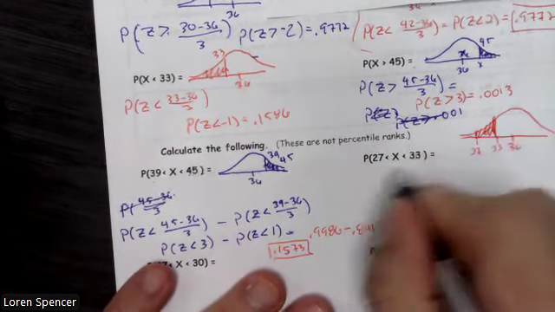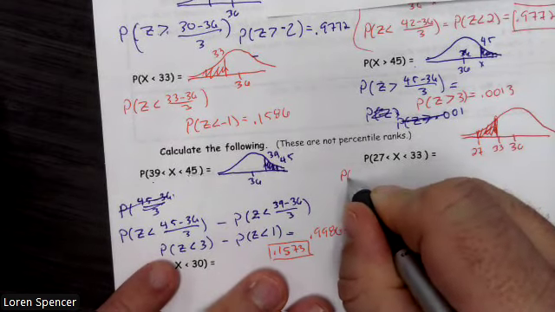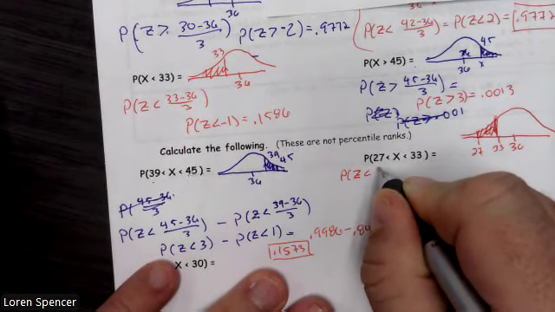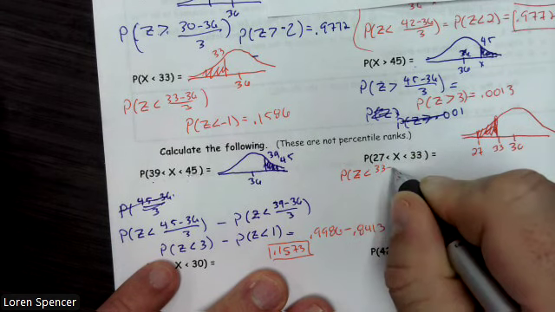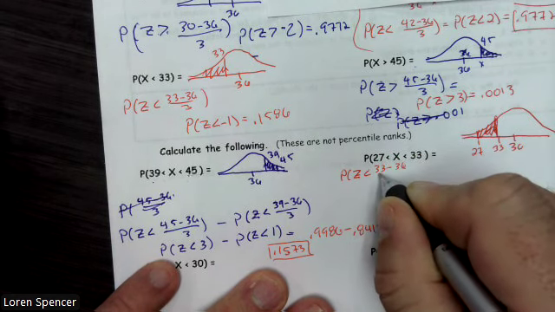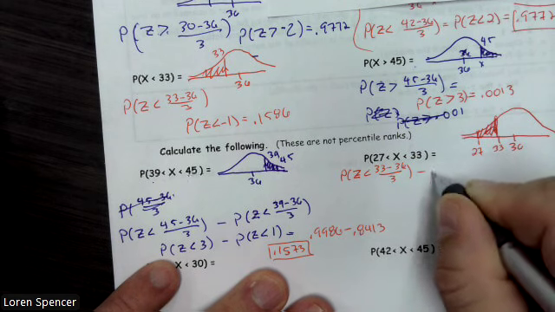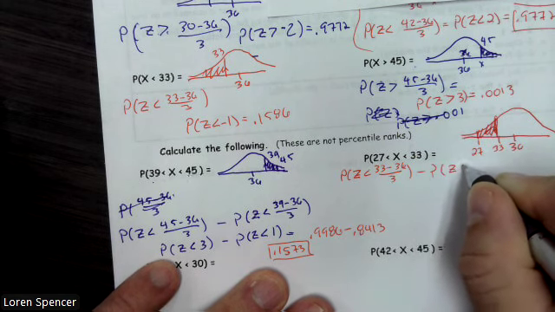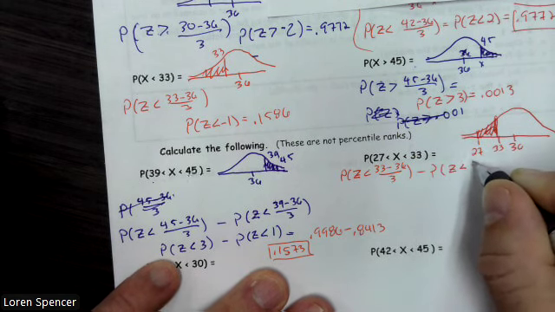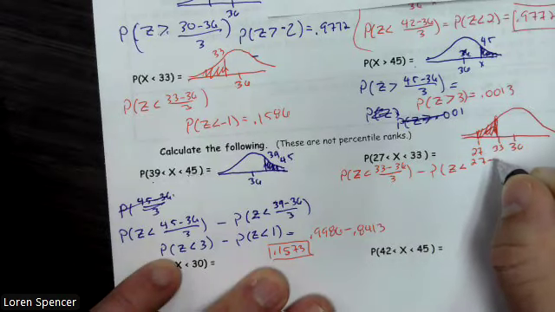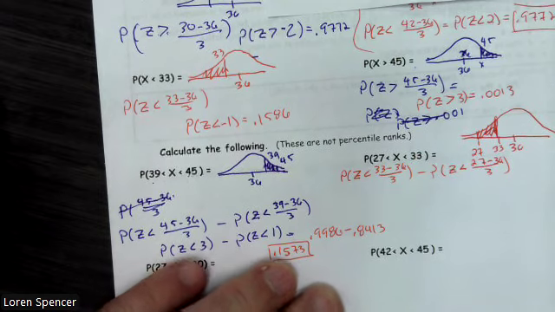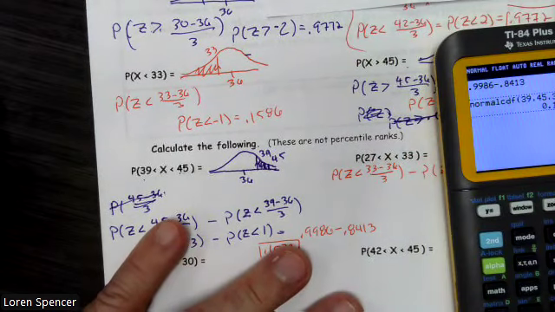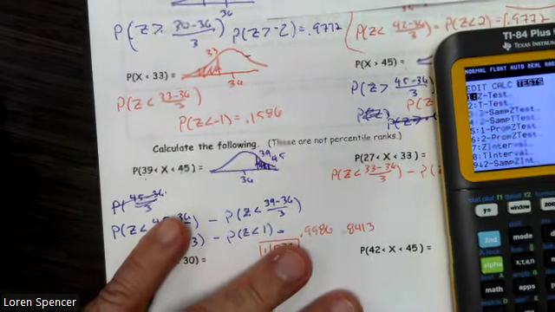So probability, we always start with a high one. Probability that z is less than (33 minus 36) over 3 minus the probability that z is less than (27 minus 36) over 3. So stat, test, z-test.